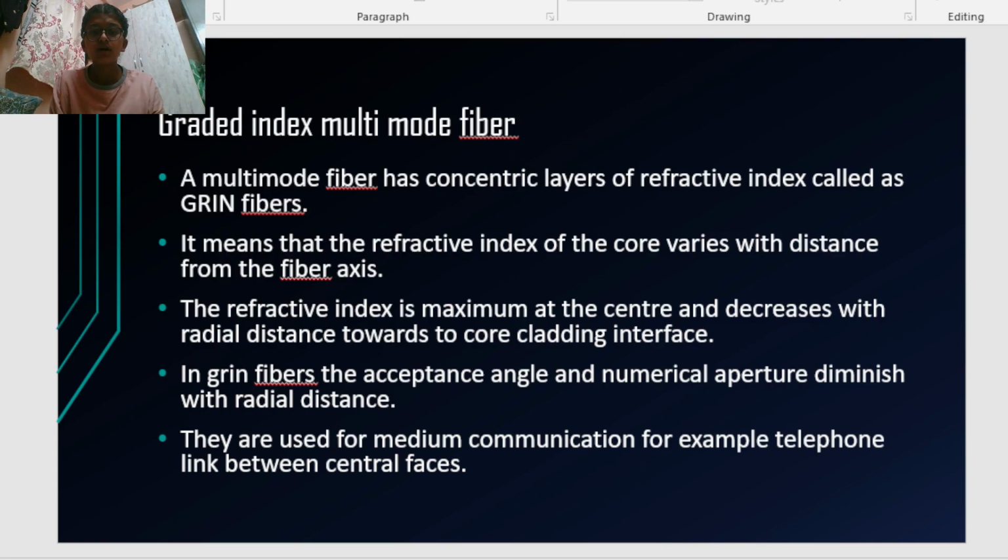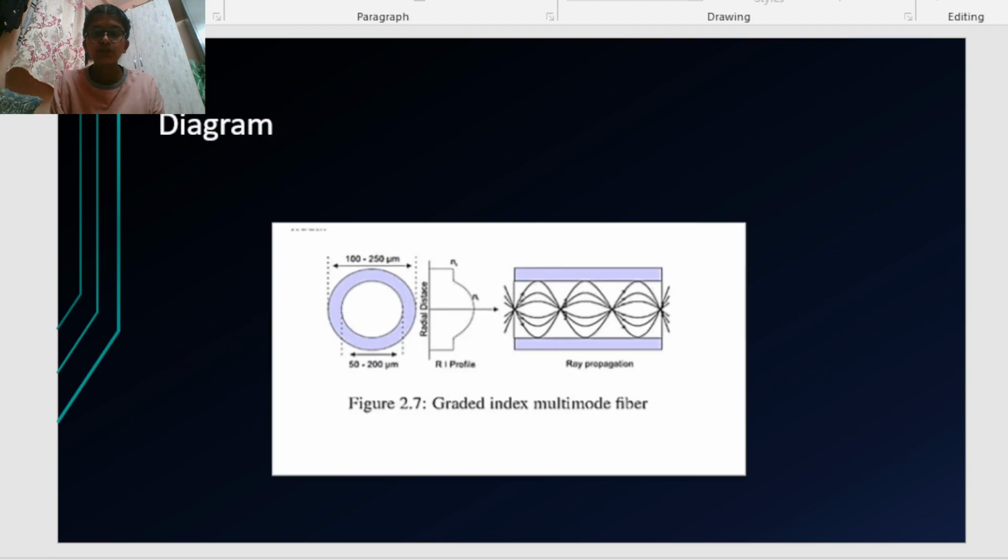They're used for medium communication, for example, telephone links between central offices. This is the diagram which depicts a graded index multimode fiber, the diameter, RI profile, and ray propagation in graded index multimode fiber.